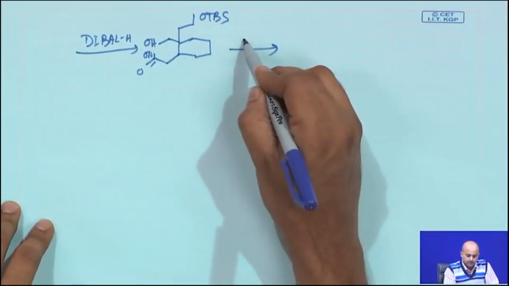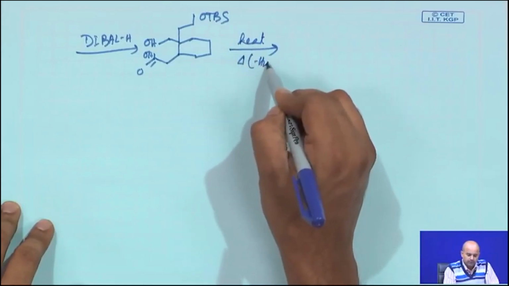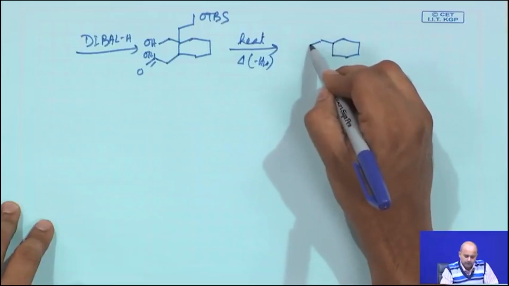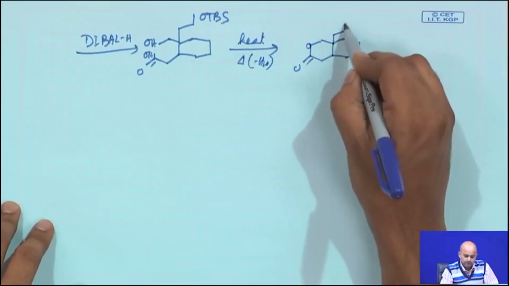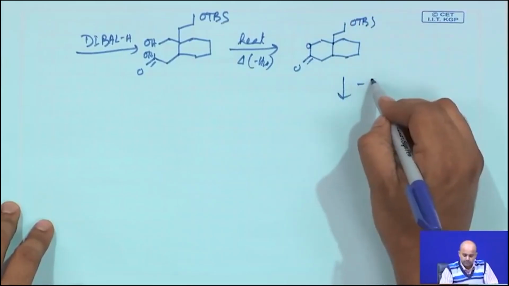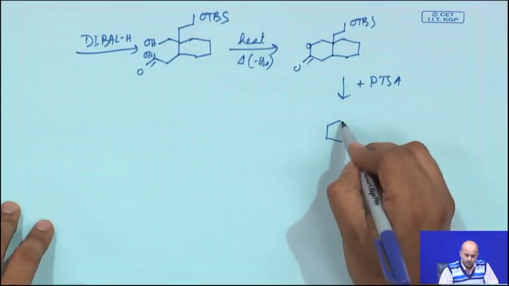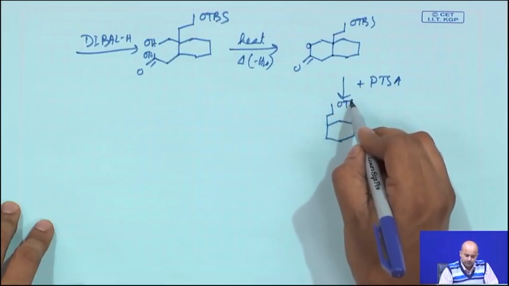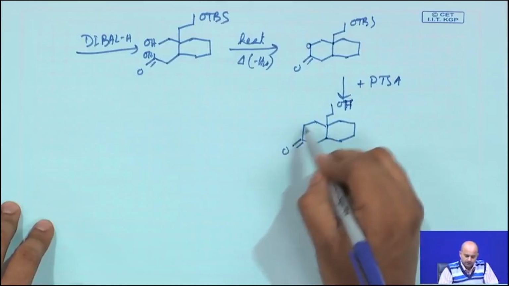Now, this compound is subjected to heat, you can get rid of a water molecule, and basically this is what you will get. This TBS group can now be removed by PTSA treatment, paratoluene sulfonic acid, which will lead you to this OH and then your desired lactone.